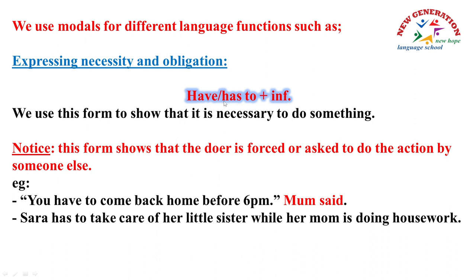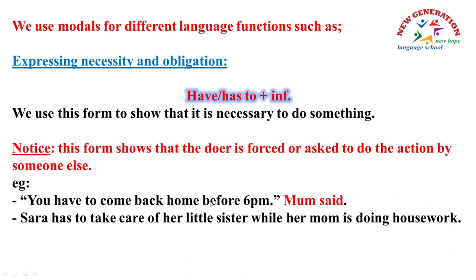After the subject, as usual, we use have to or has to. We use this form to show that it's necessary to do something. But notice, when we use this form, we denote that the one who is going to do the action is forced or maybe asked to do the action by someone else.